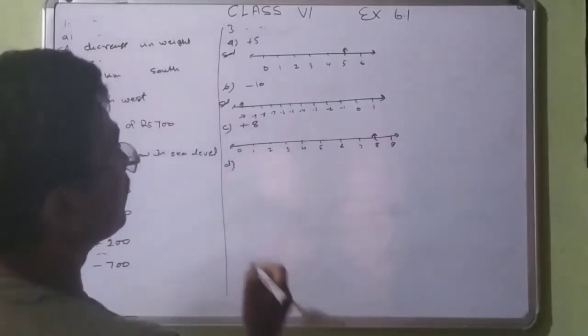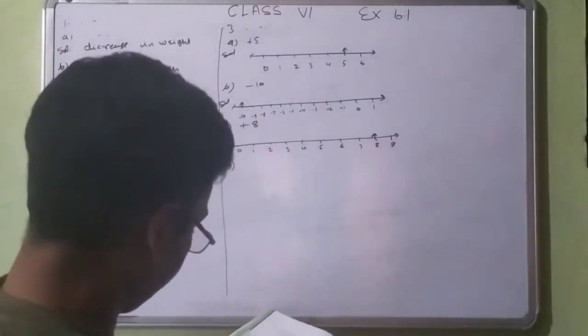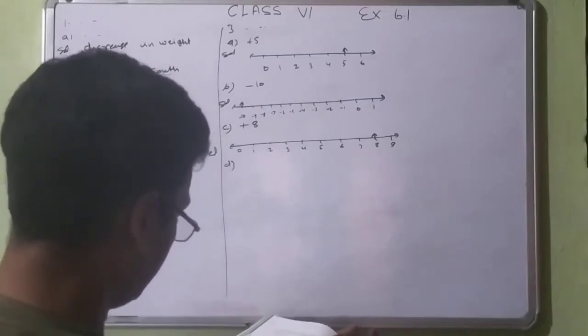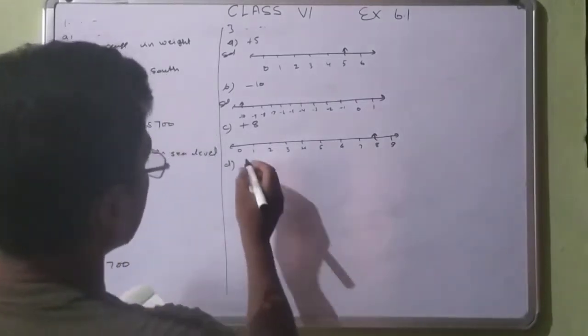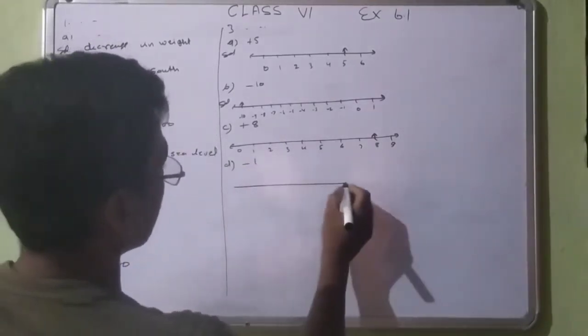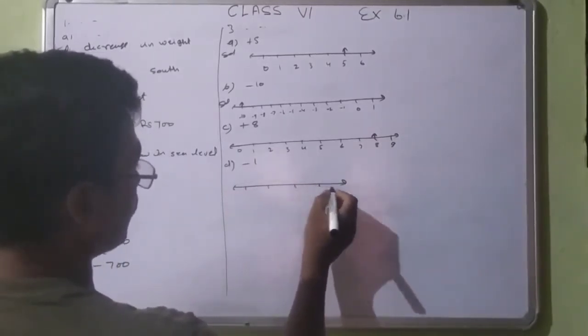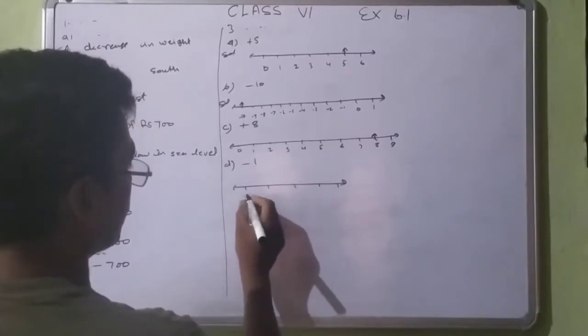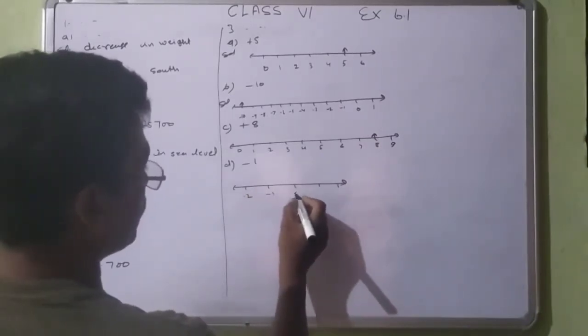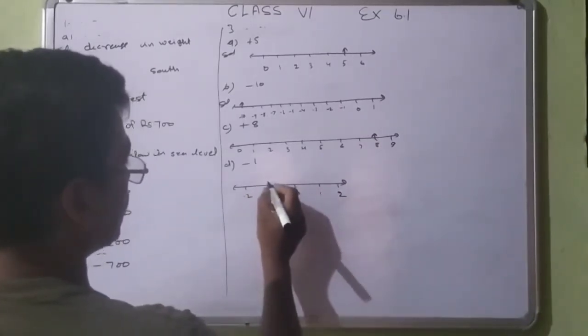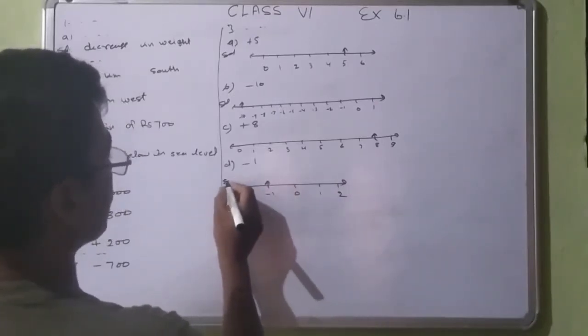D part. What is D part? Represent minus 1. Minus 2, minus 1, 0, 1, 2. So this is our answer.